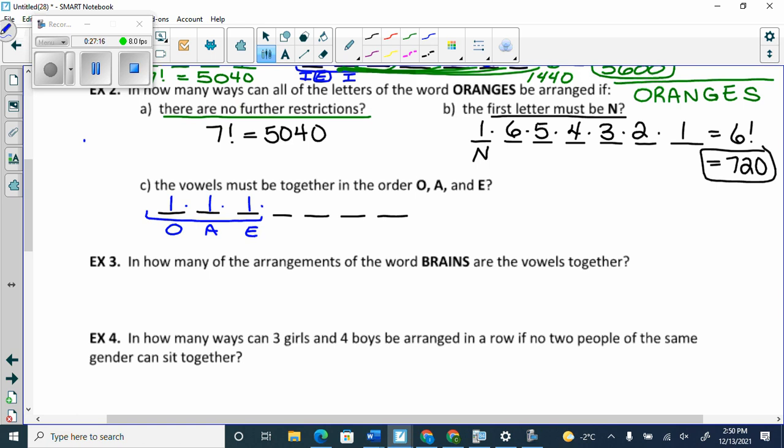How many do I have left? 4 then. 3, 2, 1. And how many ways? Times 5. It's always one more than this, but if you don't remember, this is 1, 2, 3, 4, 5. So it's technically 5 factorial, which is 120.